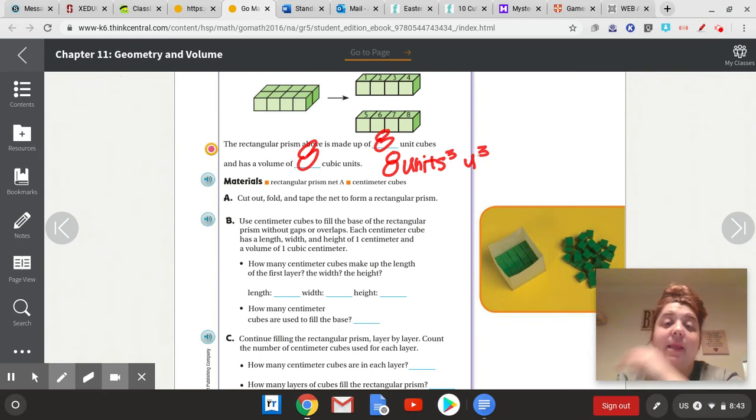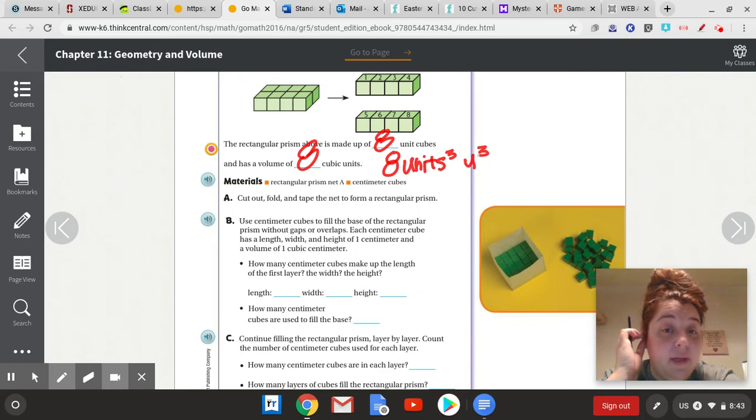Now, here for the activity, you can see it's telling us to cut and fold out a rectangular prism net. Those are the ones that when you have the piece of paper and you fold it to make a three-dimensional shape, that's what they've done here. And it says to use centimeter cubes, which is what we have in class, to fill up that net.